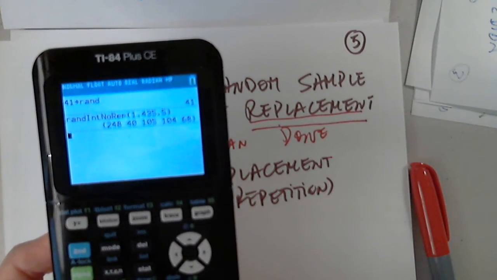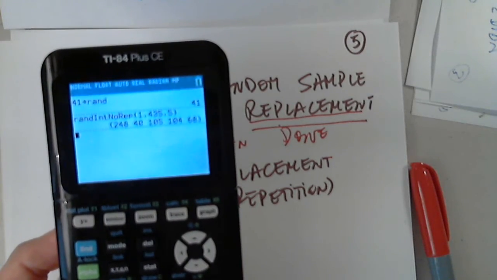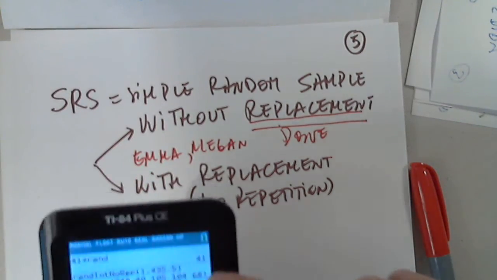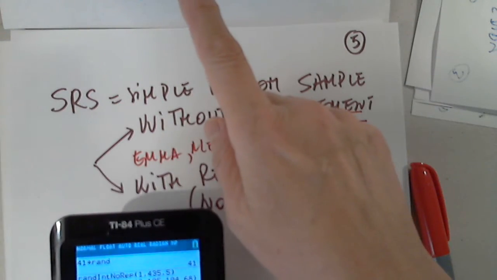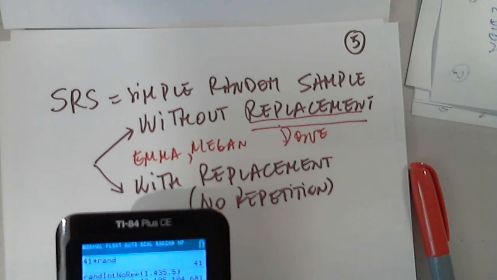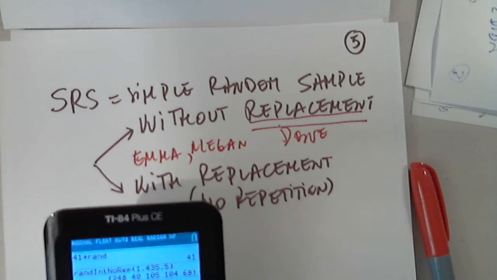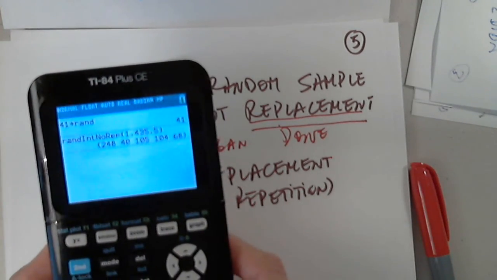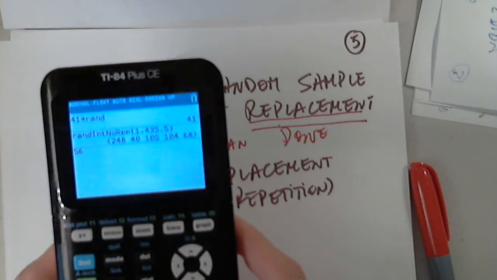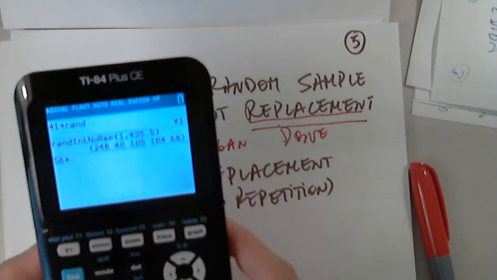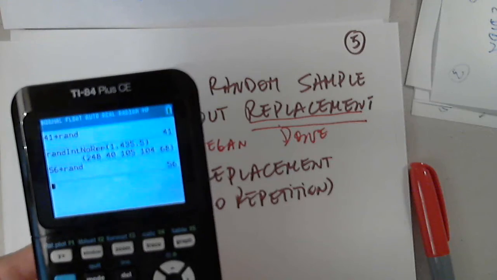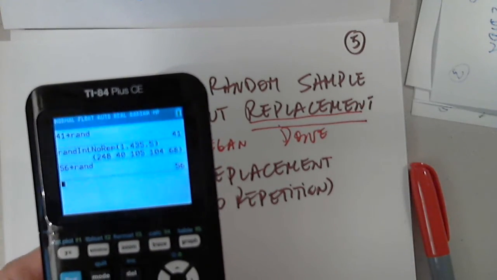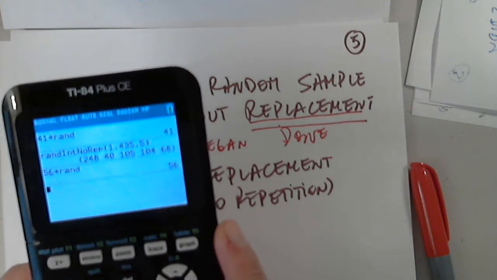So when I press enter, I get the 5 numbers selected by the calculator randomly between 1 and 435 using a seed of 41. Now if you say I don't want to use the seed of 41, I want to use a seed of 56, fine, we go back and store that into, again, random number. Now we're going to use the seed of 56.